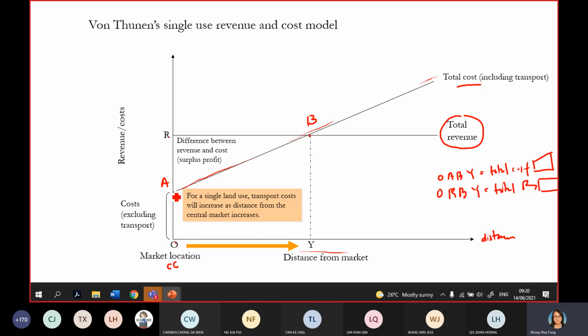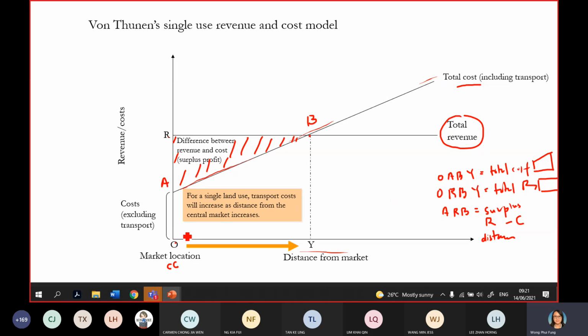Then this area, can you see the difference between revenue and cost? ARB is your surplus profit, which means revenue minus cost. Can you see this area? This area is what we call surplus profit, which means the difference of revenue minus the cost.